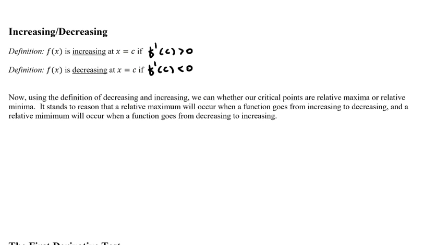So what we're going to do is characterize a relative maximum as a place where the function goes from increasing to decreasing, which is equivalent to saying the derivative of the function goes from positive to negative. And then we'll characterize a relative minimum by saying that's going to happen when the function goes from decreasing to increasing, or that its derivative goes from negative to positive.